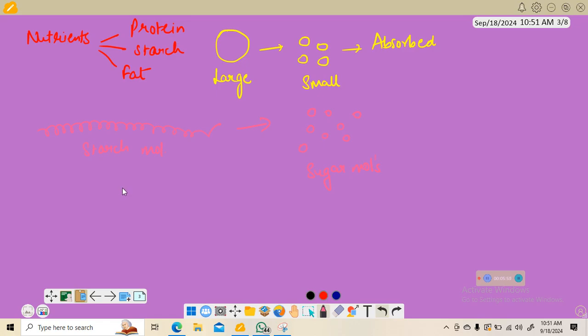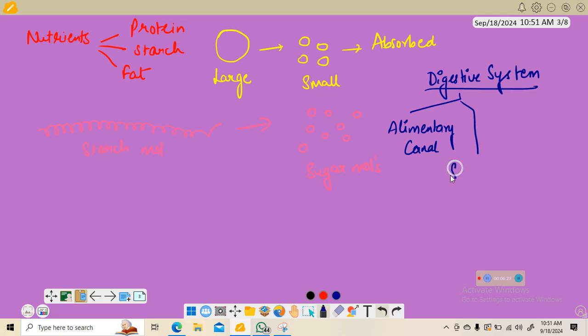Now coming to the digestive system, it is made up of the alimentary canal, then salivary glands, then liver, and pancreas.